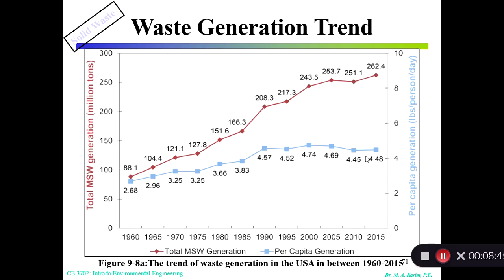And these are the ones per unit, per capita generation, in pounds per capita per day. So in 2015, it looks like 4.48 pounds per person per day in the USA. And so on. An average of 4.5 can be estimated. Sometimes when I calculate something I do use 4.5 pounds per capita per day as a value.